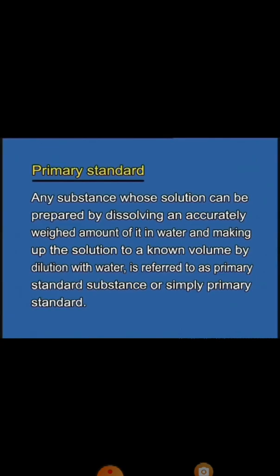Primary standard: a substance whose solution can be prepared by dissolving an accurately weighed amount of it in water and making up the solution to a known volume by dilution with water is referred to as a primary standard substance, or simply primary standard.